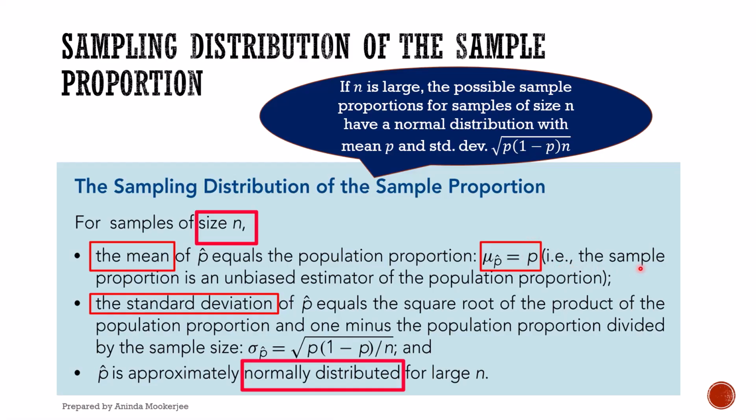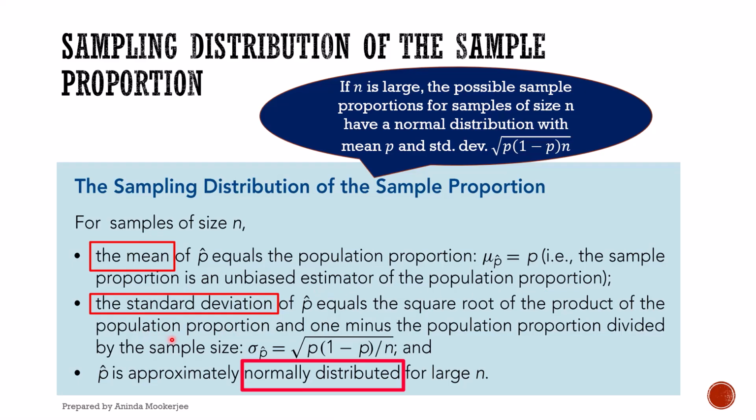So it says here the sample proportion is an unbiased estimator of the population proportion, right? So in other words, the sample proportion that we find using the formula x over n and our data values is going to be the estimator of the population proportion.